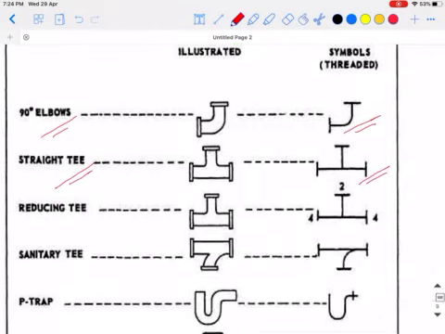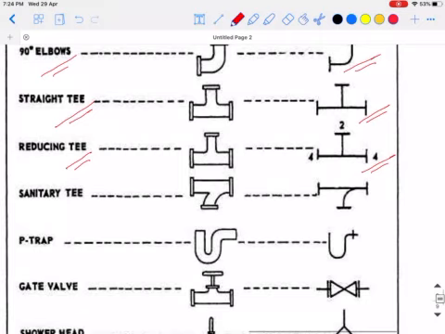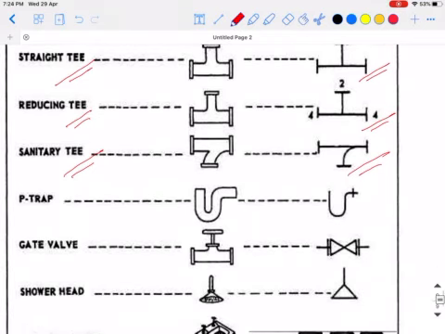Then the reducing T, which is represented by this symbol. Then the sanitary T, which is represented by this symbol. Then the P trap, which is represented here.